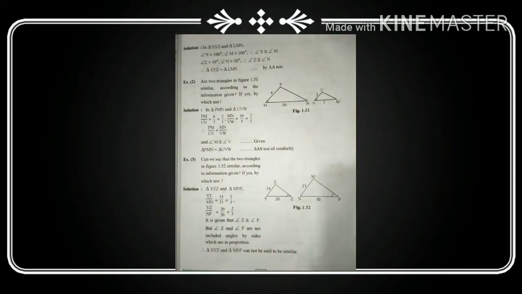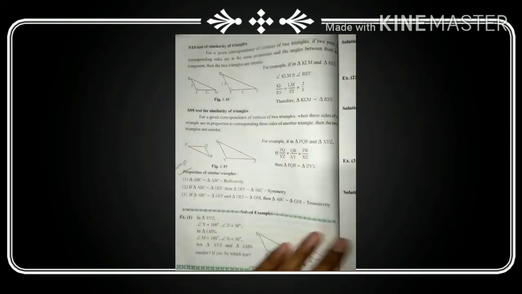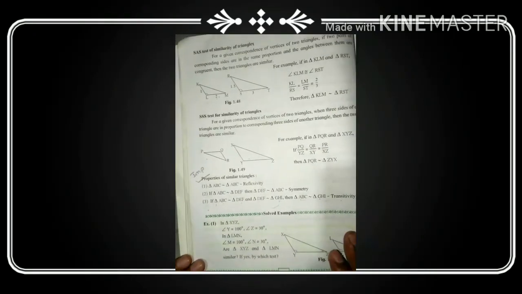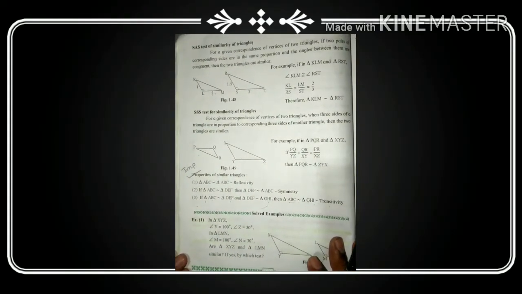It means that if two angles of one triangle are congruent to two corresponding angles of another triangle, then this condition is sufficient for similarity of the two triangles, and this condition is also known as the angle test of similarity.